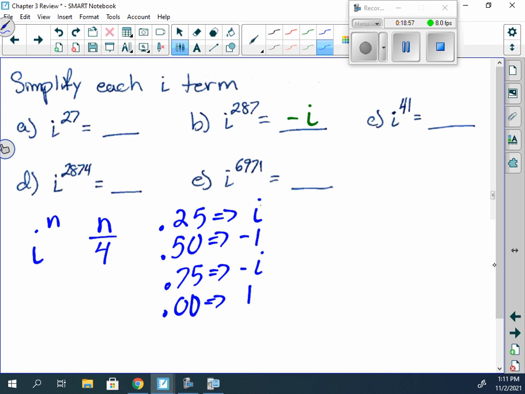Let's do, Jalen, did you want D or E? E. 6971 divided by 4. Type it in, see what you get. Which is negative I. Yeah, I'm good with those now.